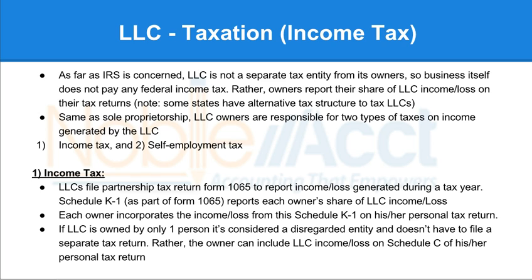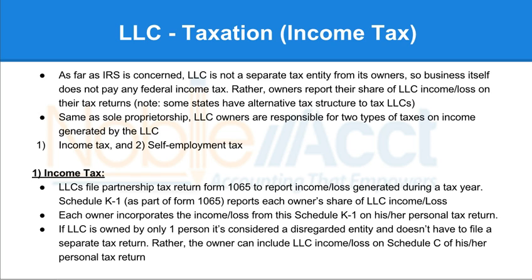So if an LLC has, for example, two owners, then once Form 1065 is filed by the LLC, there will be two separate K-1s, one for each owner, and each K-1 will list that particular owner's income or loss share from the LLC. Each owner then incorporates the income or loss reported on the Schedule K-1 on his or her personal tax return.